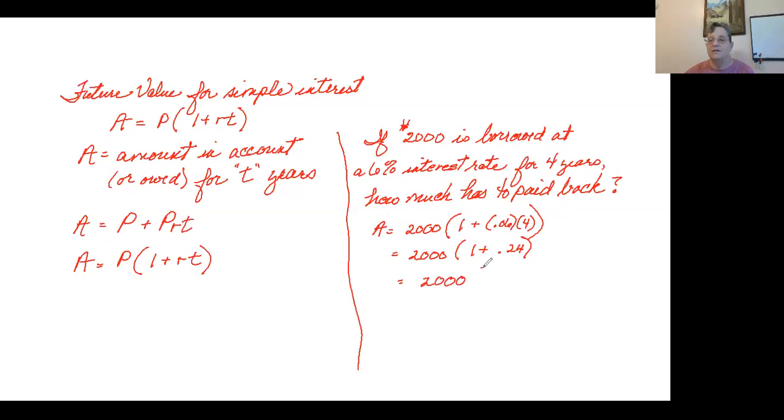So 2,000 times 1.24 is going to be 2,480. This makes perfectly good sense because in the previous example, we realized that we were going to have to pay $240 interest, and you have to pay both the $240 interest and the $2,000 that you borrowed.